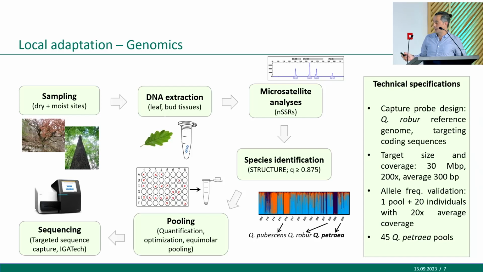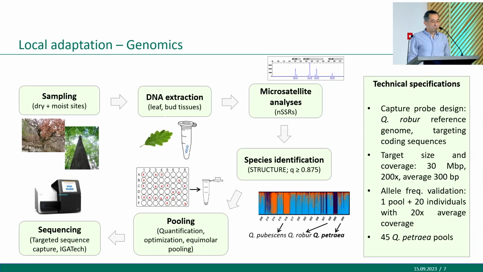I already talked about the first steps up to species identification, and after characterizing each individual taxonomically, we formed equimolar pools and carried out next generation sequencing. Our approach was targeted sequencing.